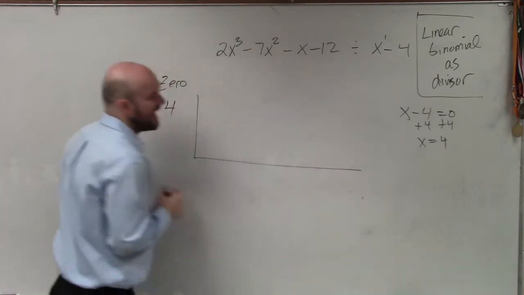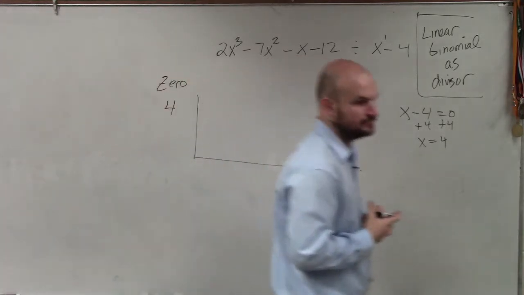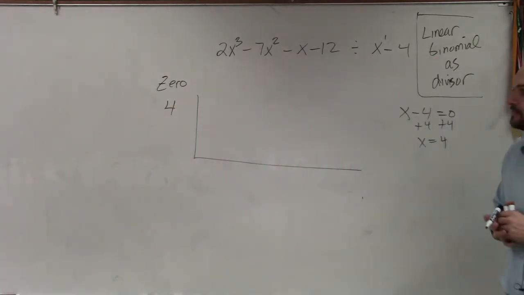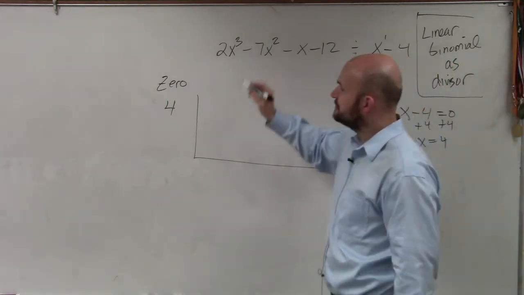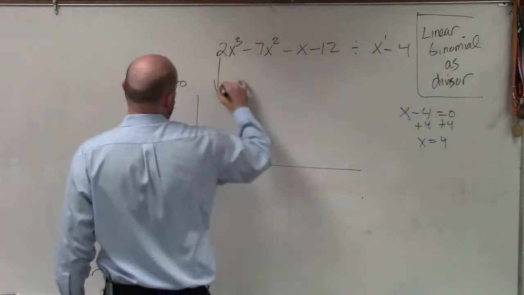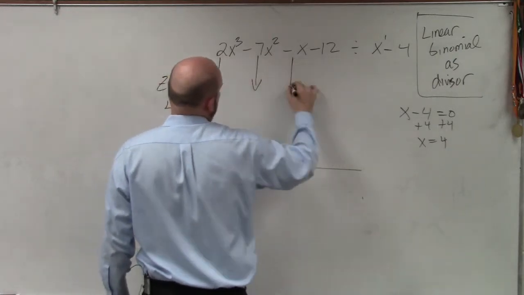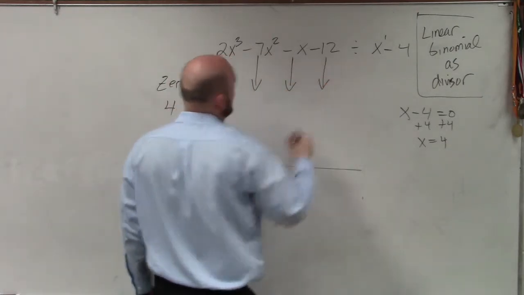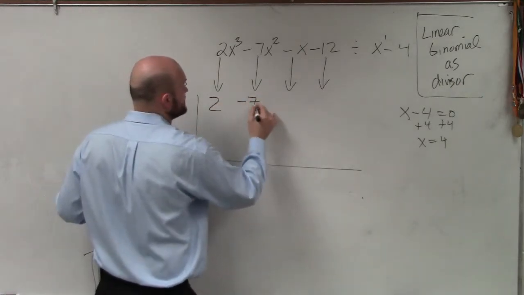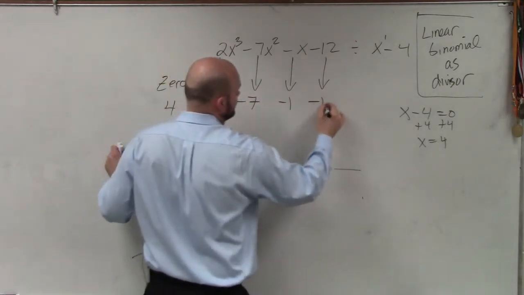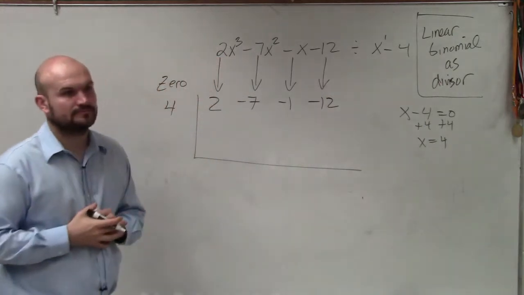And then you make a nice big L. Now what we do is we take the coefficient of each of our terms and we bring them down. So I say 2, -7, -1, and -12.